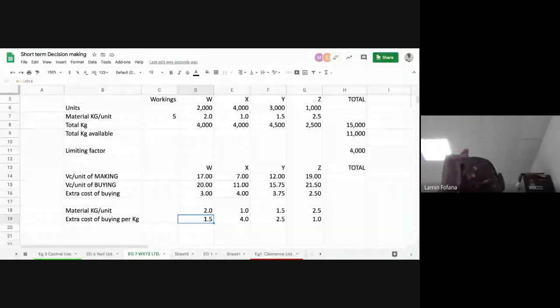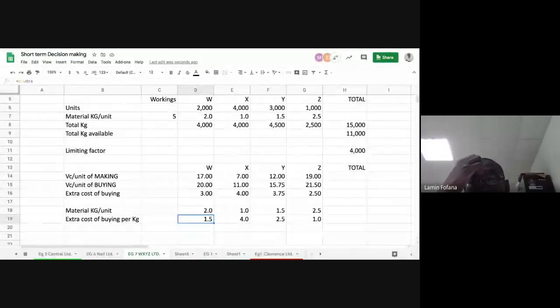So since we all agreed that logically, if we are given the choice to make or buy, we will naturally make what is more expensive in-house and then buy what is cheaper. The reason is, if you don't make the most expensive one in-house, you will still have to pay for that spare capacity.